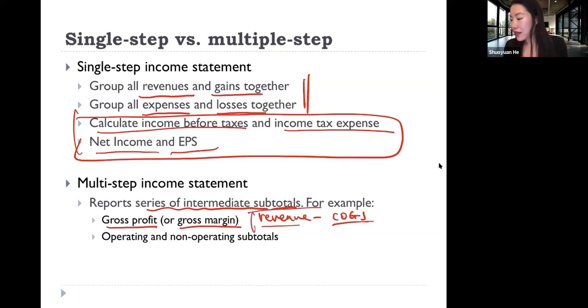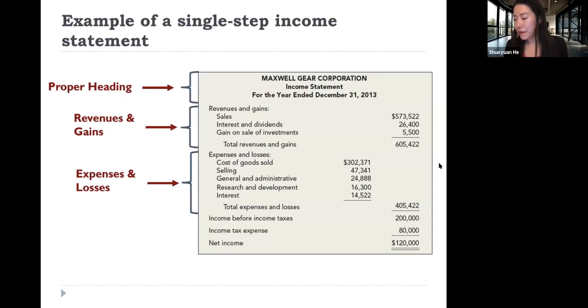But if you see revenue minus cost of goods sold, so they're giving you gross profit first, step by step. That is multiple step. And operating and non-operating subtotals. So it is separating operating and non-operating income. So that is the single step versus multiple step.